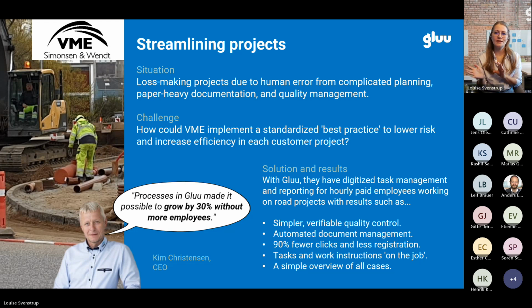Because usually they have a lot of paper heavy documentation, and just by moving it into Gluu and Gluu case management, they get a neat folder structure with all their documentation for their projects in one place.